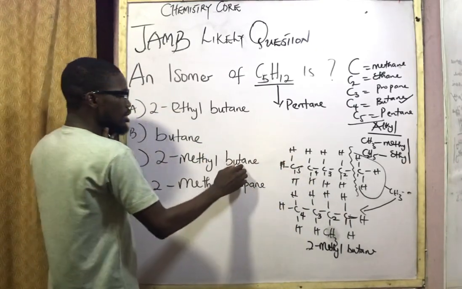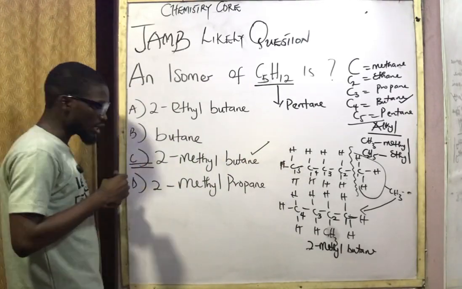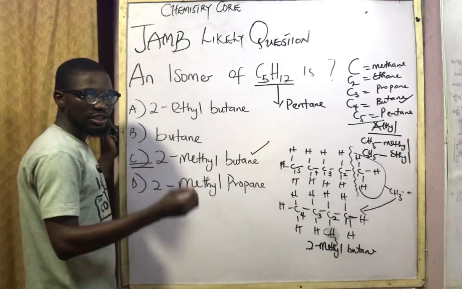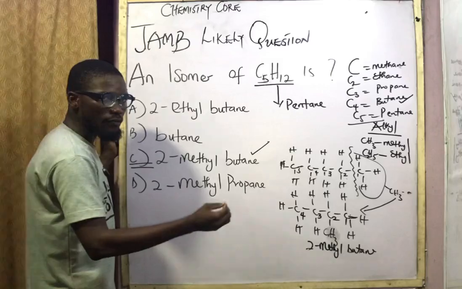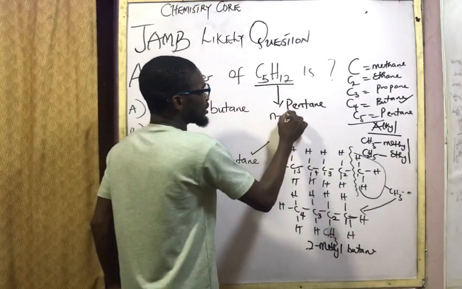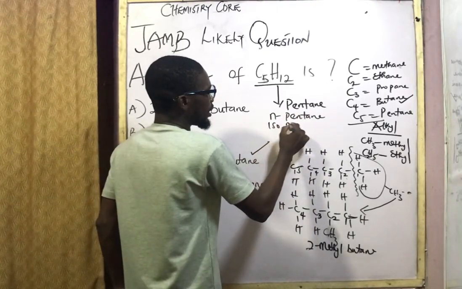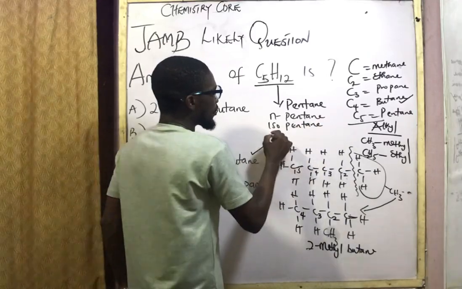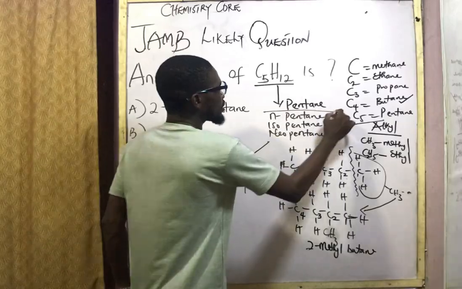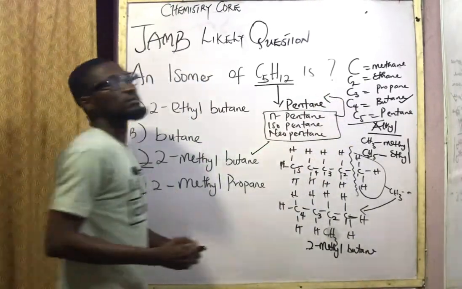So 2-methyl butane is the correct option, which is option C. 2-methyl propane is not among the isomers of pentane. So the 3 isomers, in case you are asked, we have n-pentane, isopentane, and neopentane. These are the 3 isomers of pentane.